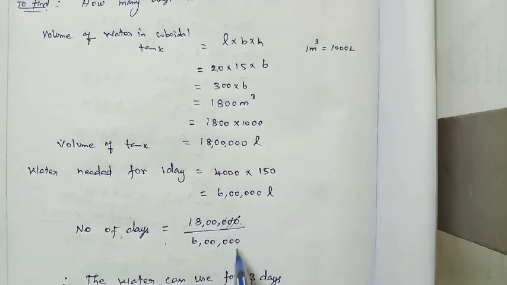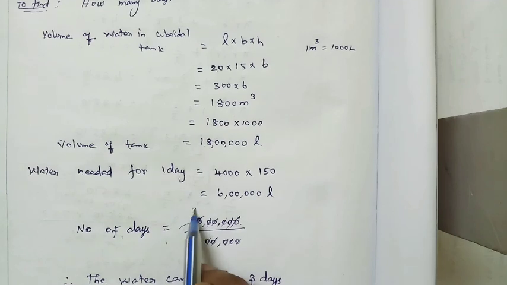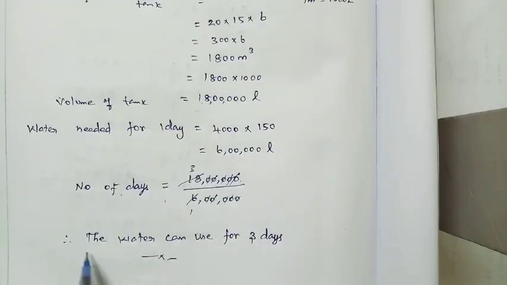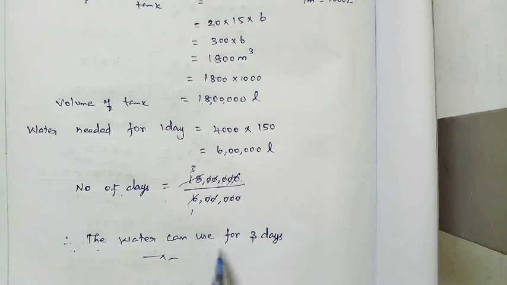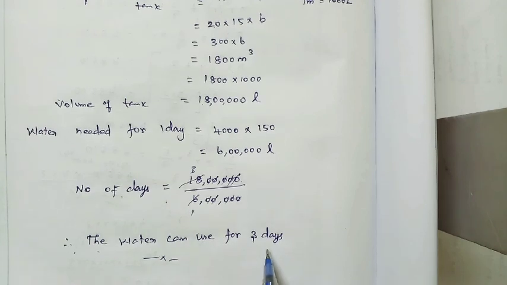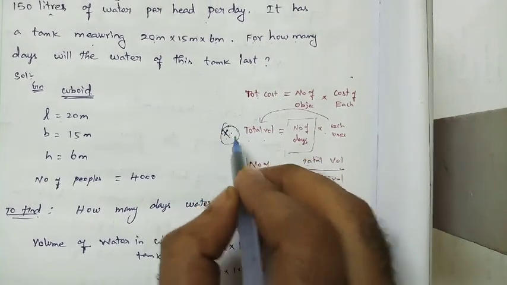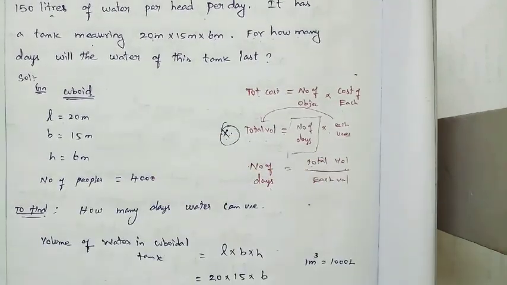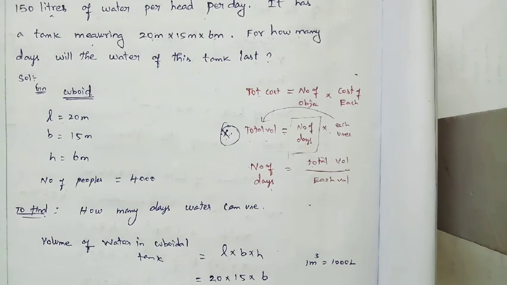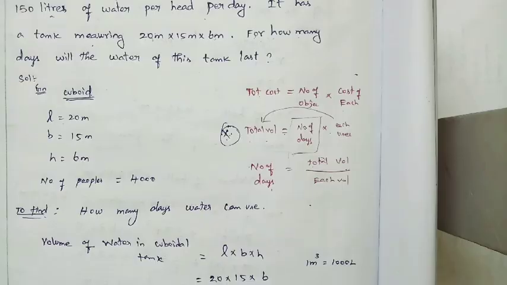Simplify: 0 0 0 cancel, 6 1s are 6, 6 3s are 18. So the water can be used for 3 days by the whole village. Understood? This is very important. In the 10th standard, in so many concepts we will use this formula, right?